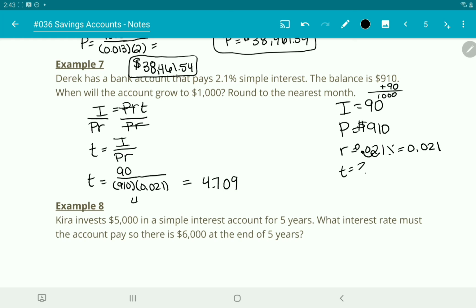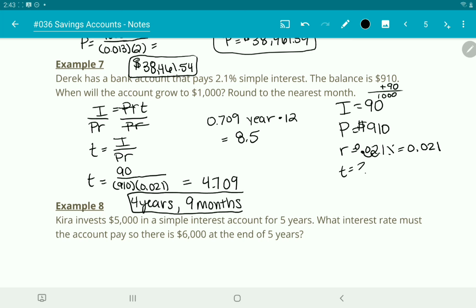So we're going to have 4 years, and we have 0.709 years after that. Okay, but we're going to multiply that by 12 to see how many months. So 0.709 times 12, type that in a calculator, you're going to get about 8.5, so about 8.5 months, so about 4 years, and let's say 9 months.